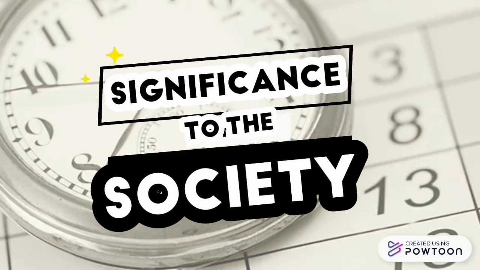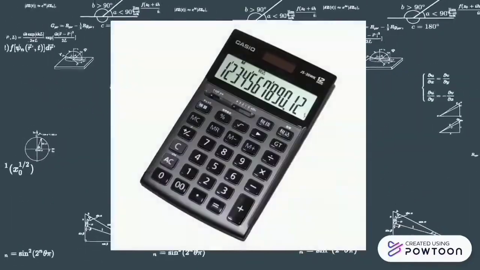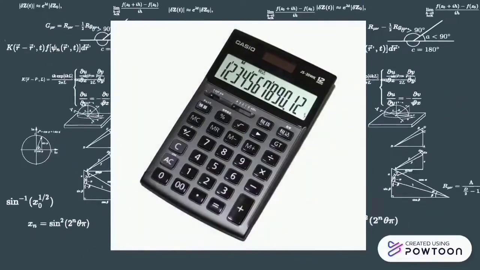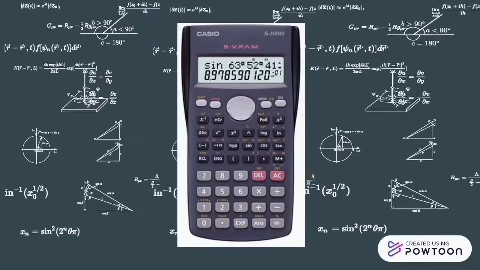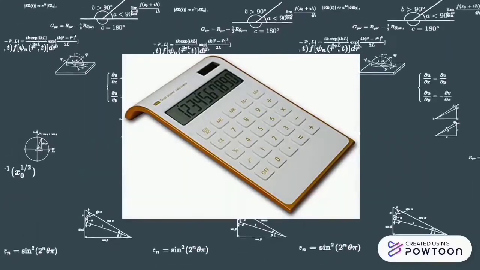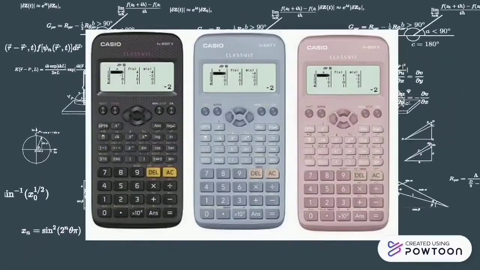Calculators have great significance in society, in which they help us in making computations faster and more accurate. By teaching every one of us how to effectively use it, it helps us to understand the benefits and its limitations, allowing us people in society to optimize the calculator for the best use.